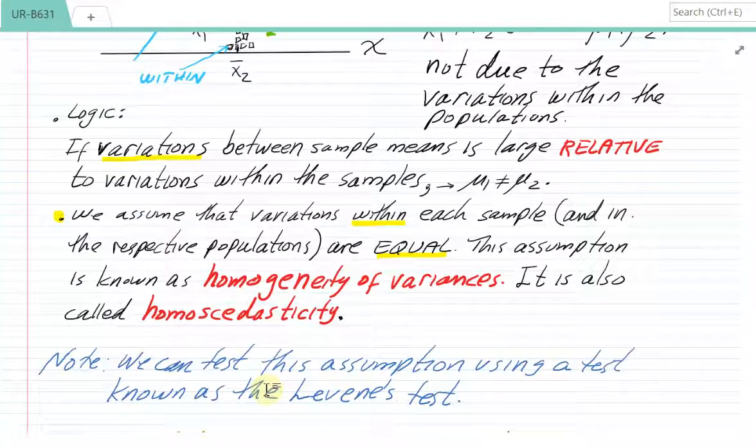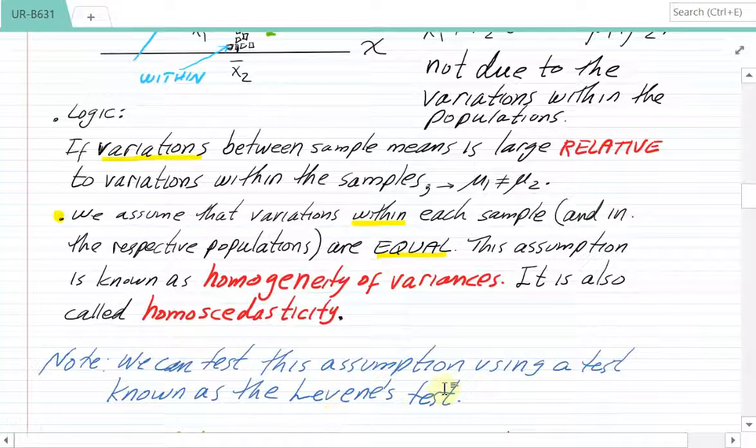We can actually do what's called a Levene's test for equality of variances if you wanted to. I just throw that out there, and Minitab does that test for equality of variances within two samples. We can actually formally do a hypothesis test of that.